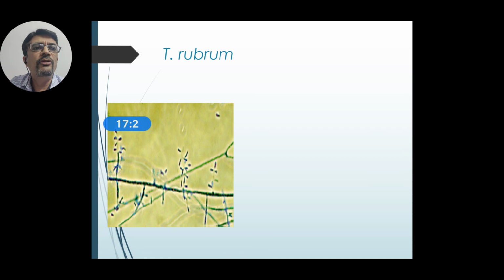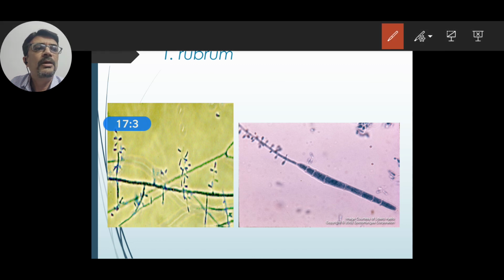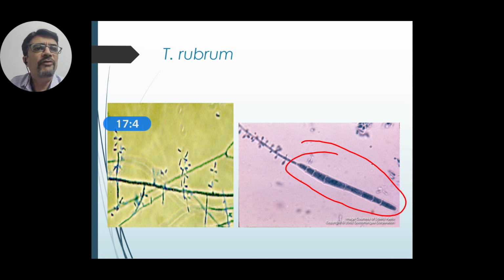And if you see the microscopic morphology, these are the microconidia, small single celled, and this is macroconidia, which is thin and long. This is known as pencil shaped. Trichophyton macroconidia, thin and long. So that is the Trichophyton rubrum.